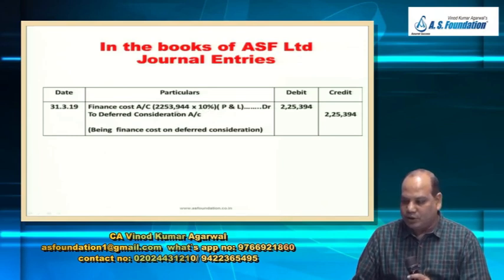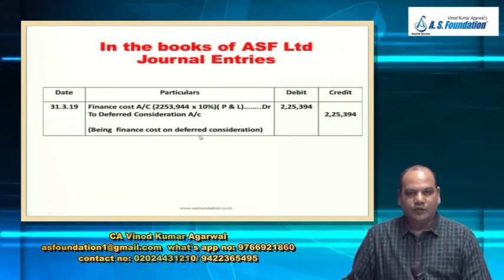How did you get it? Write in bracket 10% of 22,53,944, to deferred consideration account 2,25,394. Narration being finance cost on deferred consideration.